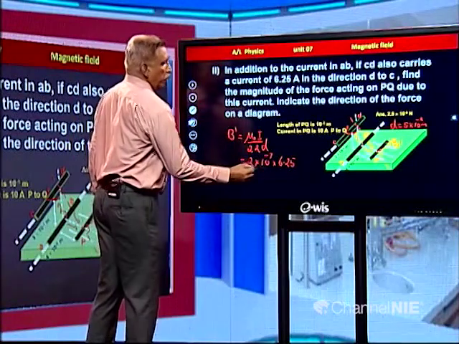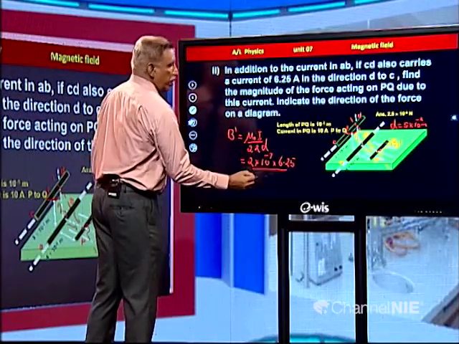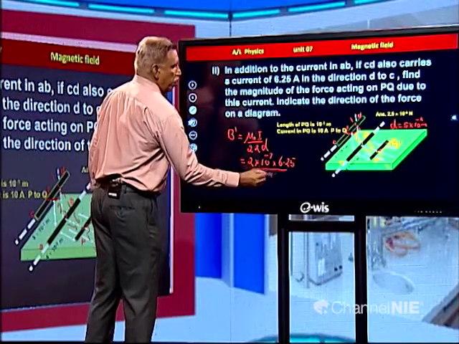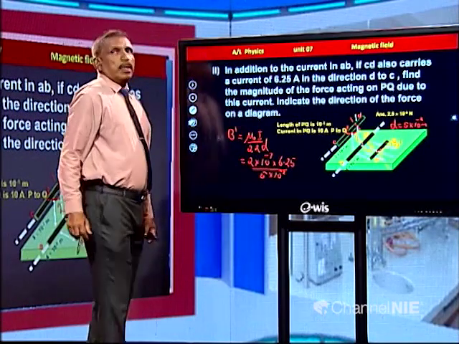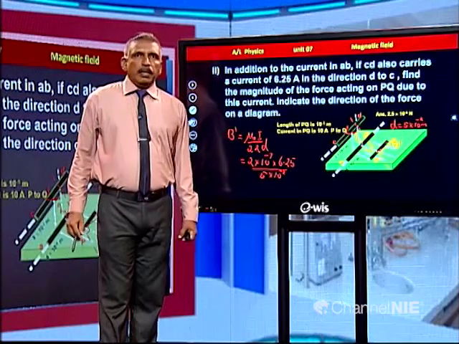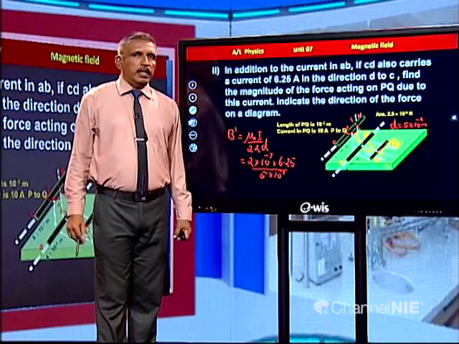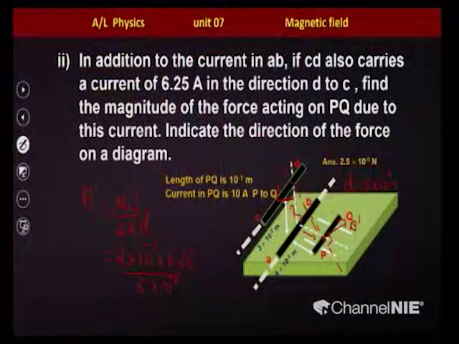And D, we found already, is 5 into 10 to the power minus 2. This is the magnetic flux density produced at the conductor PQ. So, this PQ lies in this magnetic field due to this CD.